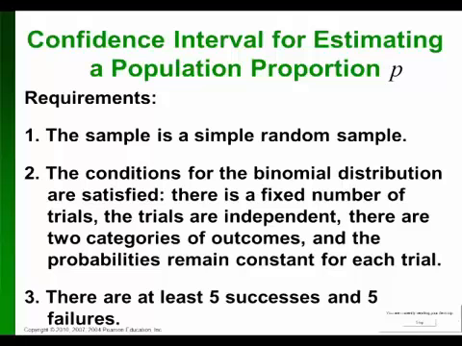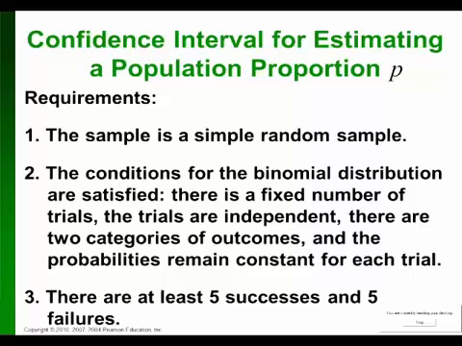Define them any way you want to, but that's the only two things that can happen. There has to be a fixed number of trials, and the trials have to be independent of each other. In order to construct a confidence interval, you have the additional requirement that there have to be at least 5 successes and 5 failures.